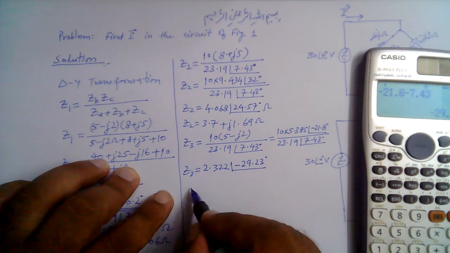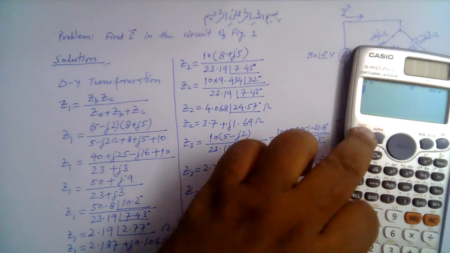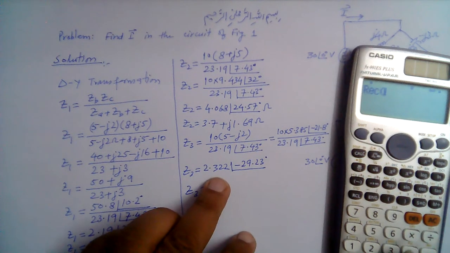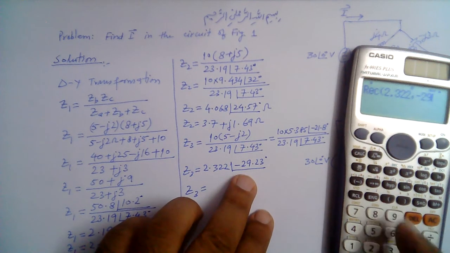So this can also be expressed in rectangular form. 2.322 and angle minus 29.23.